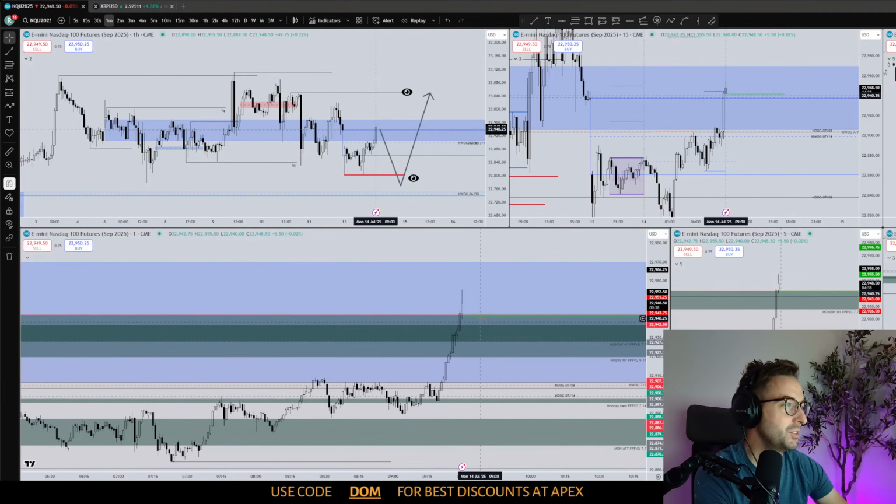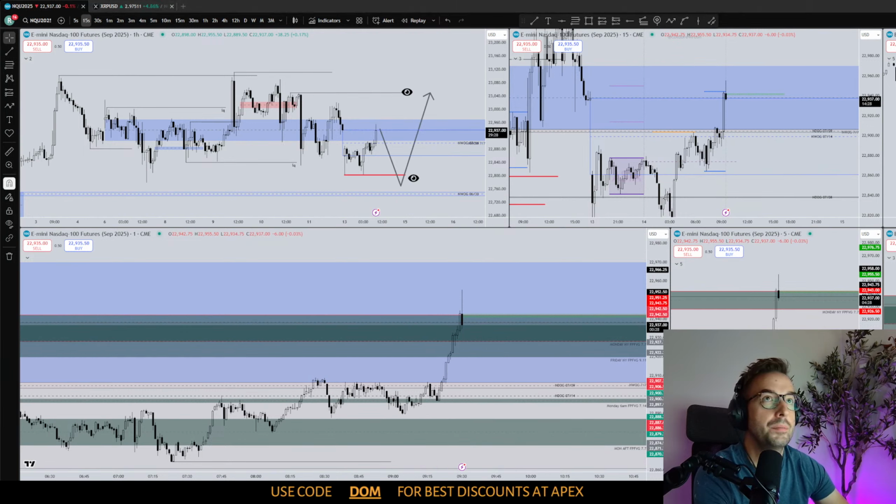RTH gap is tiny. And usually when the RTH gap is tiny in the morning, not a lot's going to happen. I'll tell you that right now. So now we just patiently wait.